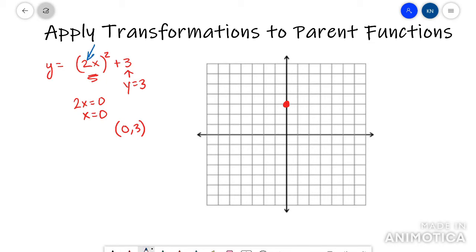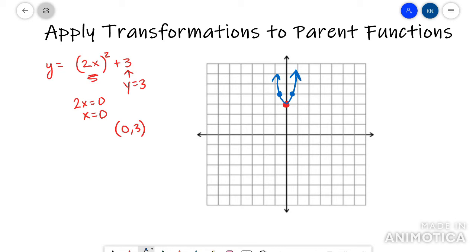Instead of going over 1, up 1, it's compressed by a factor of 2. So really it's like multiplying by a half. So instead of going over 1, I'm going to go over just a half. Then I'm going to go up 1. Then I'm going to connect the dots, make it look like a quadratic, and I would be done with this equation.